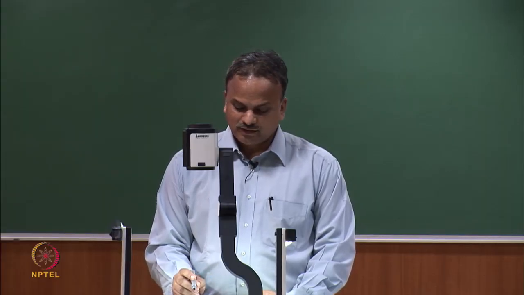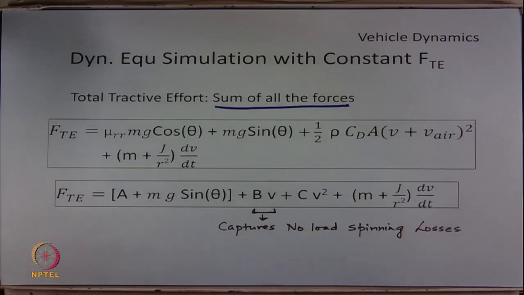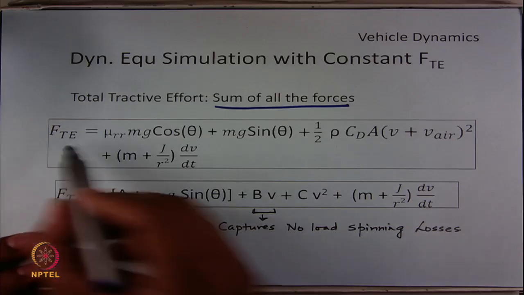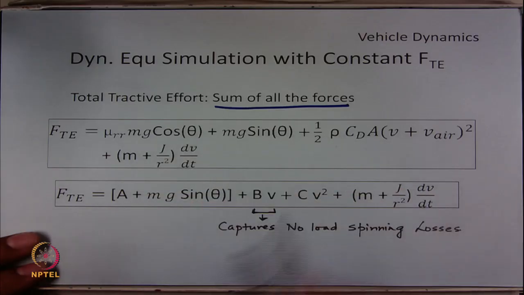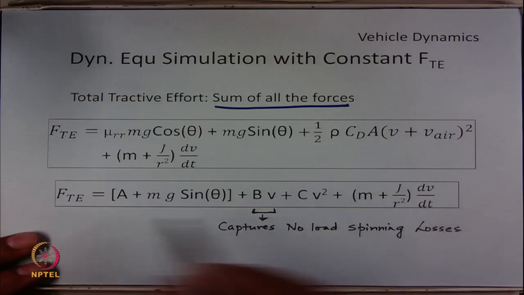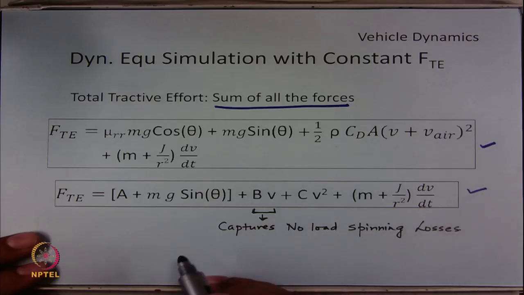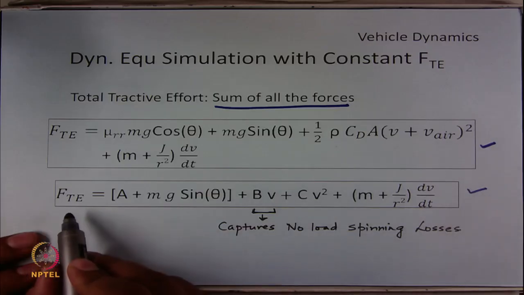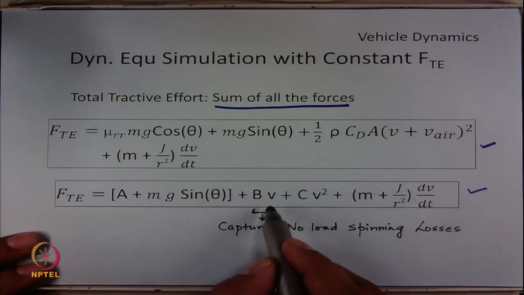So, we know that the tractive effort, which is sum of all the forces, can be written in two ways. First is Ft equal to the addition of all forces plus accelerating forces. The second way is in terms of ABC constants. So, the force equation in terms of ABC has a term which is BV.